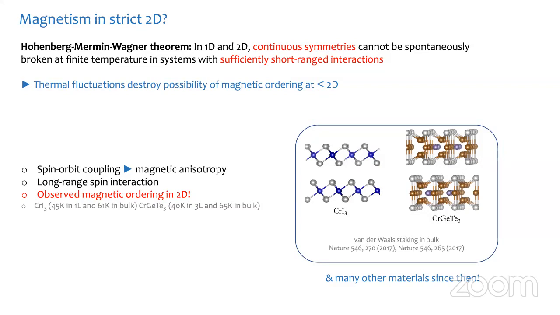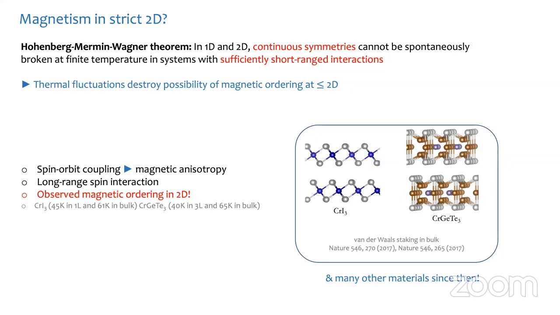Okay, and 3 years back in 2017, two such 2D magnetic materials were experimentally discovered. Both of them were chromium based, and since then many other materials have also been discovered.